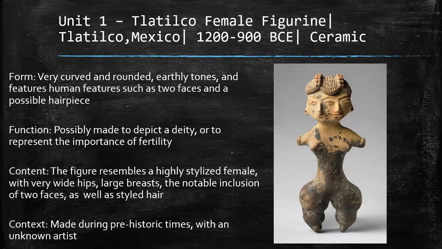But it's a given that in Unit 1, these figurines are very rudimentary, but they still display these themes of fertility, because that's what was seen as most important back then in these ancient societies.